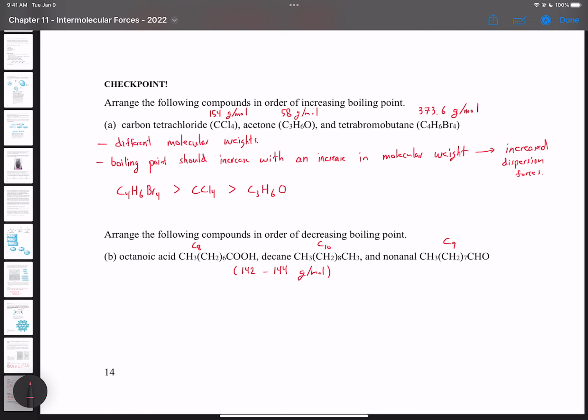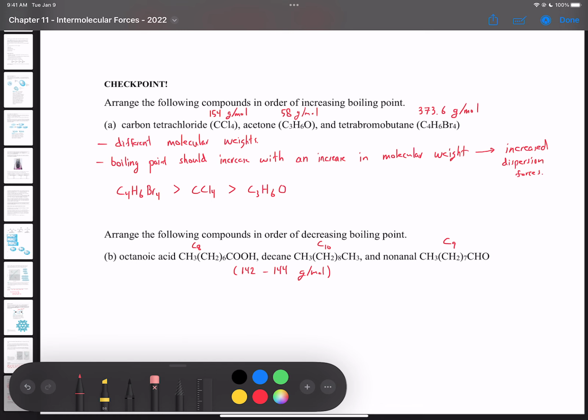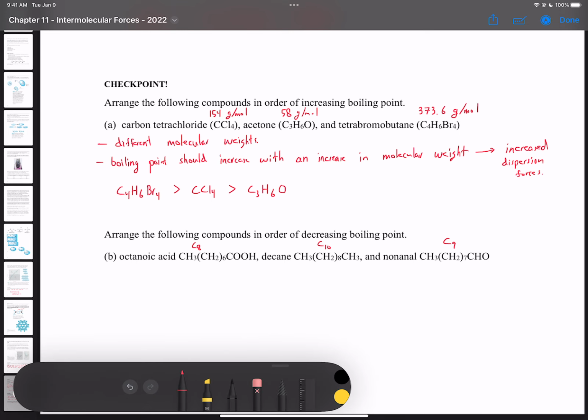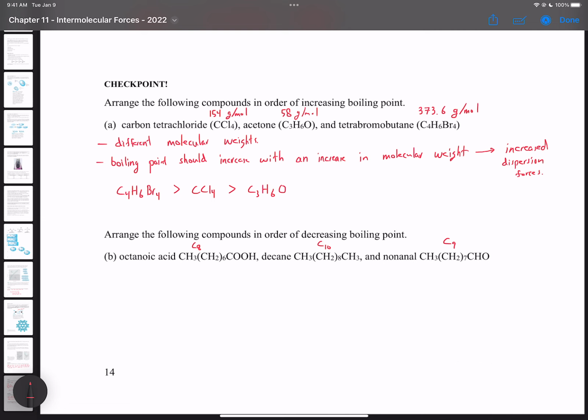So if we think about these structures, only one of them has hydrogen bonding. All right, so let's look at octanoic acid. So let's erase this. So octanoic acid. So it's polar. And it has a lot of these intermolecular forces here.